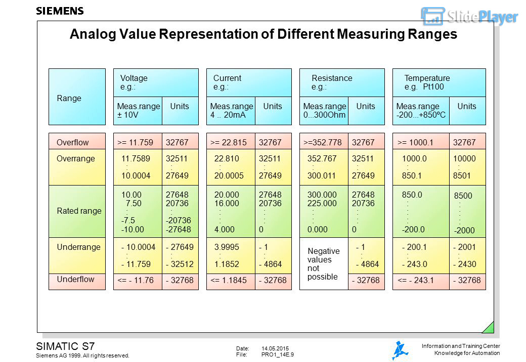Measuring range minus 200 to plus 850 degrees Celsius, temperature. For example, PT 100. Units: 32,767, 10,000, 8,501, 8,500, minus 2,000, minus 2,001, minus 2,430, 32,768.